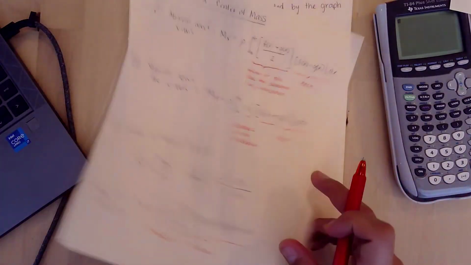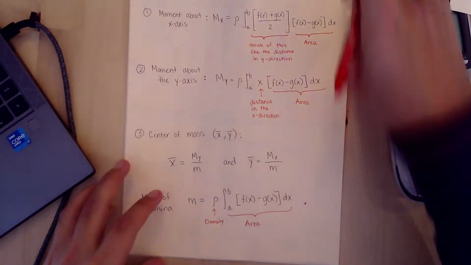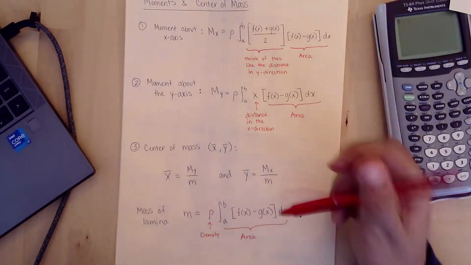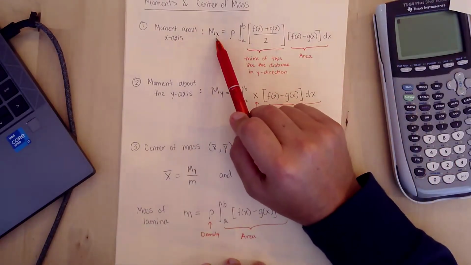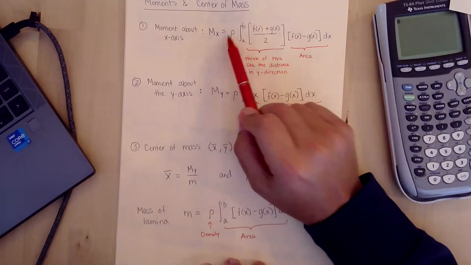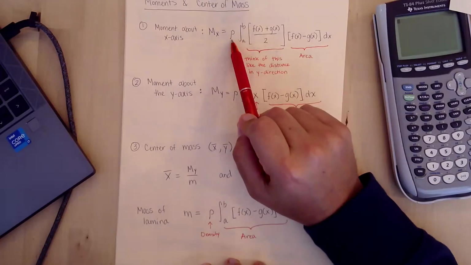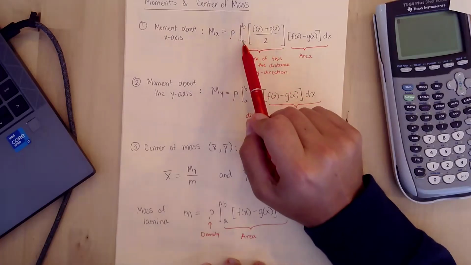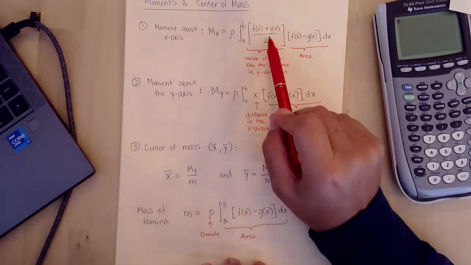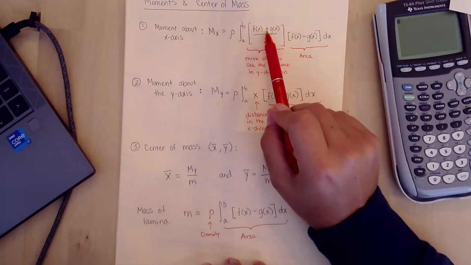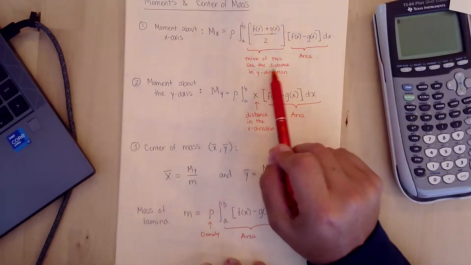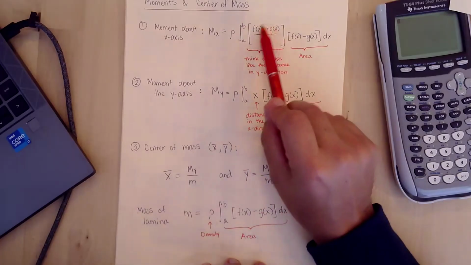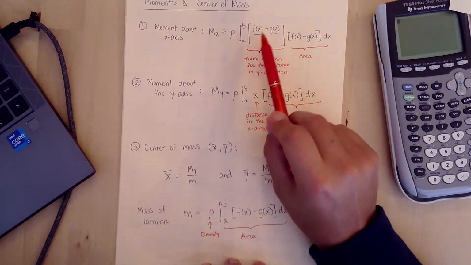Now here are the workhorses of these kinds of problems. We have the moment about the x-axis, m sub x, is going to be equal to some density, and then we're going to integrate from a to b this f of x plus g of x over 2. You can think of this as the distance in the y direction, or that midpoint that we were talking about previously.